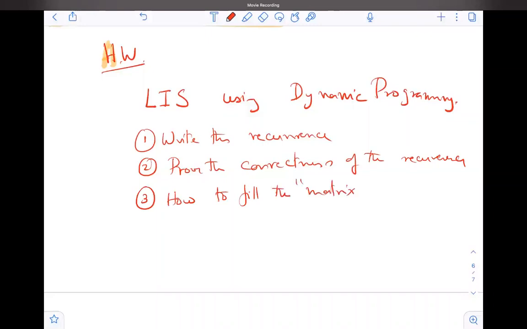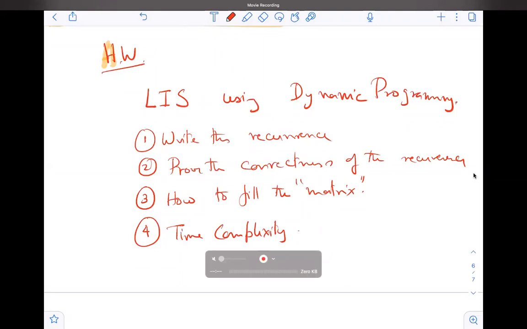I'm assuming that you will fill up a matrix. If you want to fill up something else, that's also fine. And the time complexity. Maybe this is something that the TAs possibly will cover in the tutorial on Friday. So please go back and think about this problem.